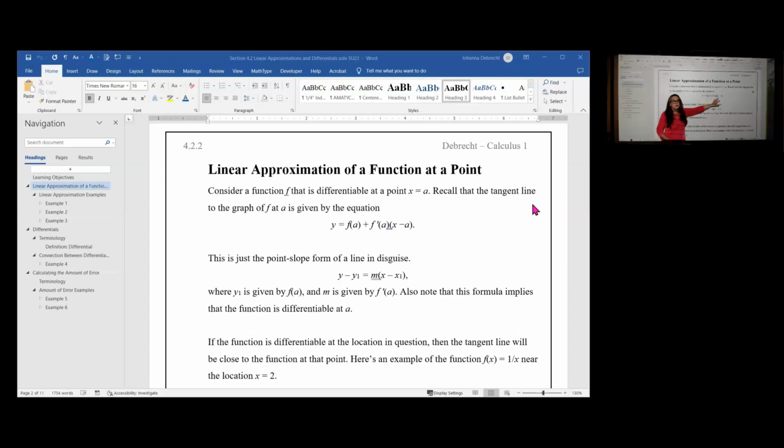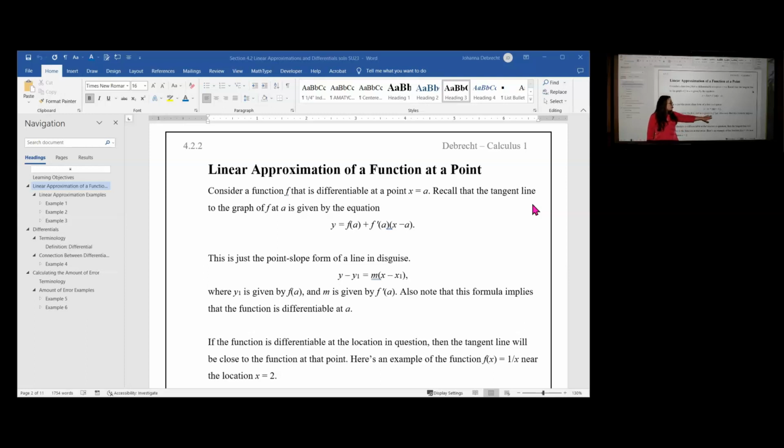In fact, this equation is just the point-slope form of a line in disguise, where you have y minus y1 equals the slope times x minus x1. y1 is the function value at a, which has been moved to the right side of the equation.